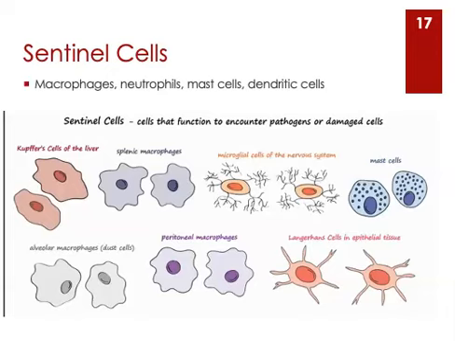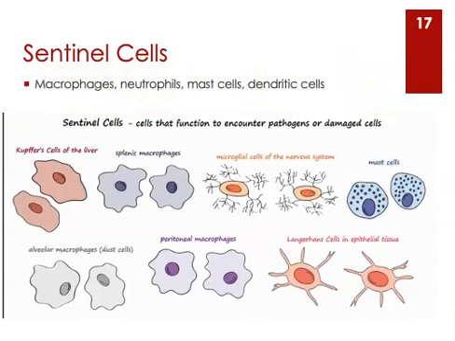So let's take a look at this slide and the diagram or the drawing of some of these sentinel cells. This drawing is intended to remind us that these cells are not limited to the bloodstream or the lymphatic system. These cells are also patrolling your tissues.